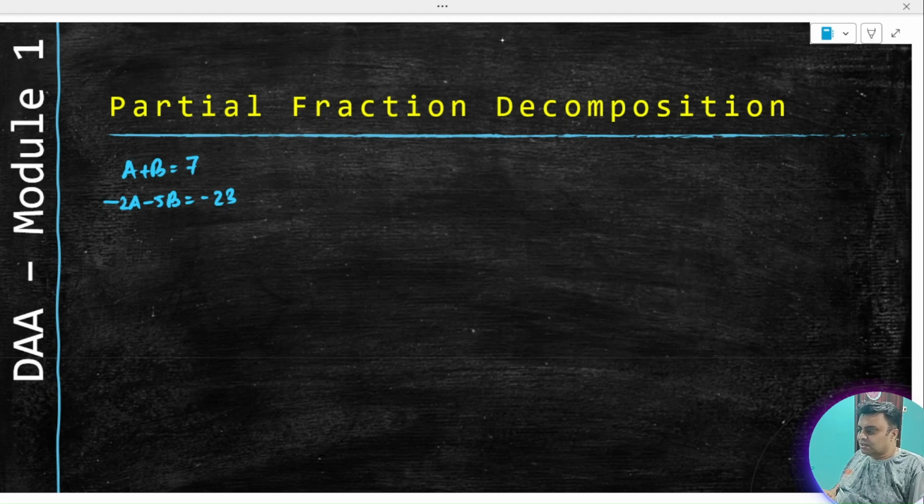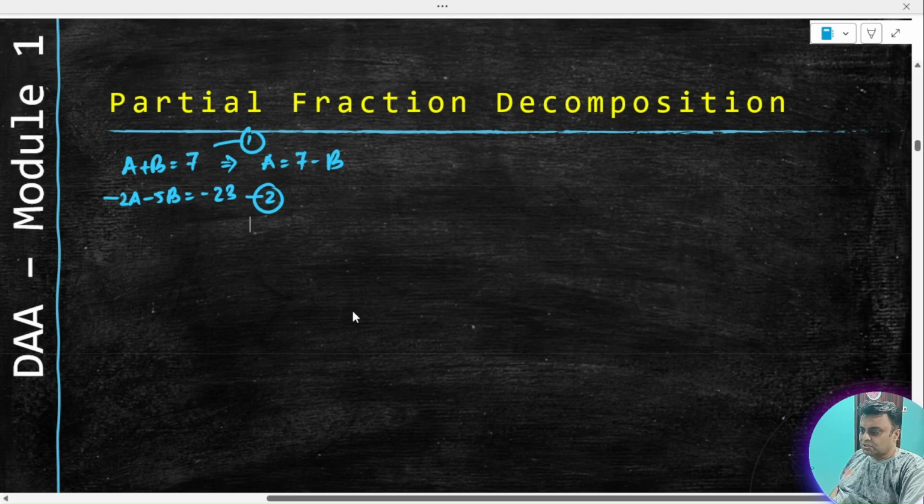So this definitely implies that A is equal to 7 minus B, because this equation is 1, this equation is 2. So we have two equations, two variables. So it's a linear equation of two variables. So we have to solve for A and B, right? So that's what we are trying to do.